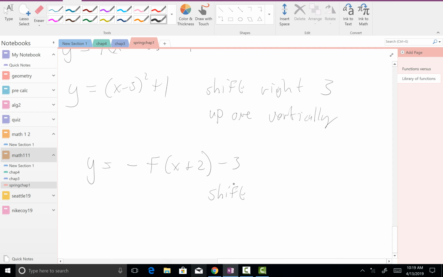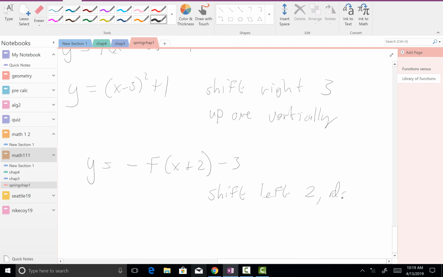So we're shifting left, you said? How many units? 2, because you always go the opposite. You're right. See what he's saying? He says, you always go the opposite. And that's what messes everybody up, because they look at this and they go, oh, it's a plus 2, so that means I'm going to shift right 2. No, because it's a minus in here. So it's always the opposite. Good job. That's what we're looking for there. Okay, shift left 2 and what else?